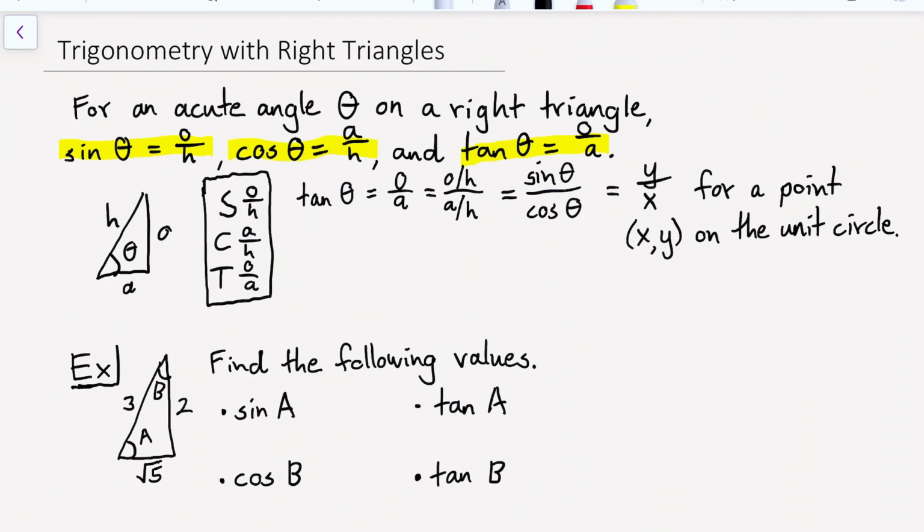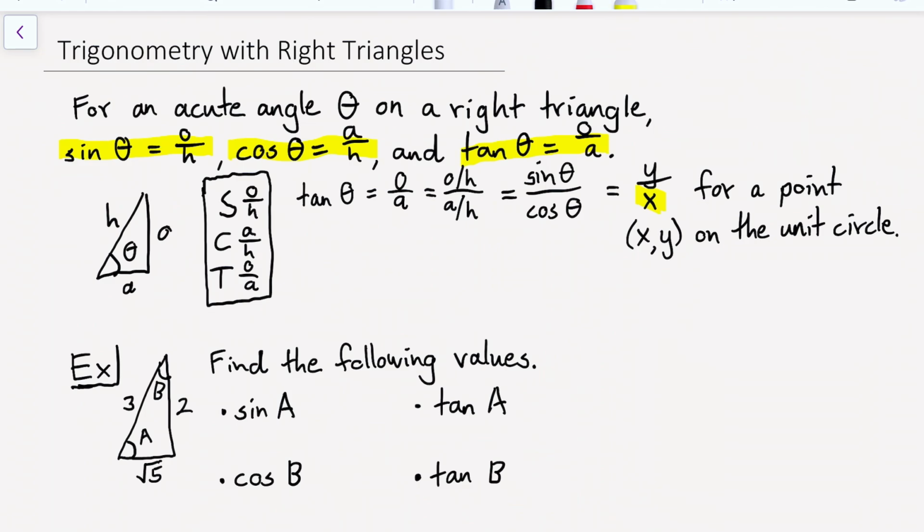It's a little bit tedious to calculate tangent using the unit circle because it's a ratio of the two values, but it is possible to do it. And we begin to see here that there must be some limits on the domain of tangent. If we're thinking of it as y divided by x, it would be undefined wherever the x value is 0. We'll explore that more when we look at the graph of the tangent function.